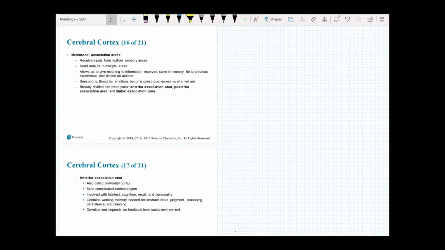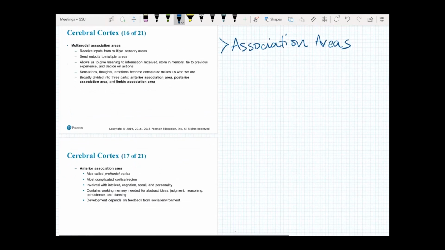Okay, we said that there was the motor, there was sensory, and then there was going to be multimodal or association areas. And these association areas make up the rest of the cortex and essentially all work together. So it's a very simple concept, so we're just going to run through the names of some of our association areas. So these are receiving inputs from lots of sensory areas.